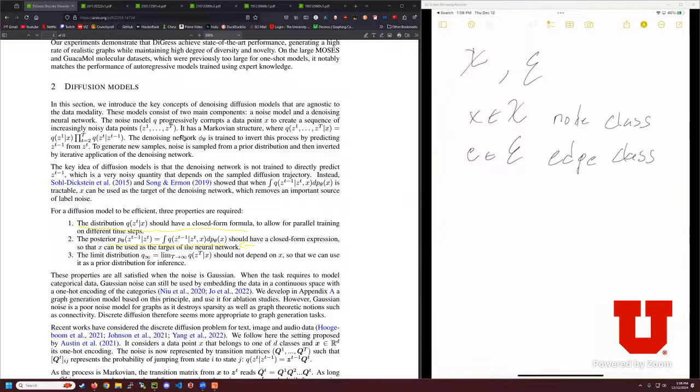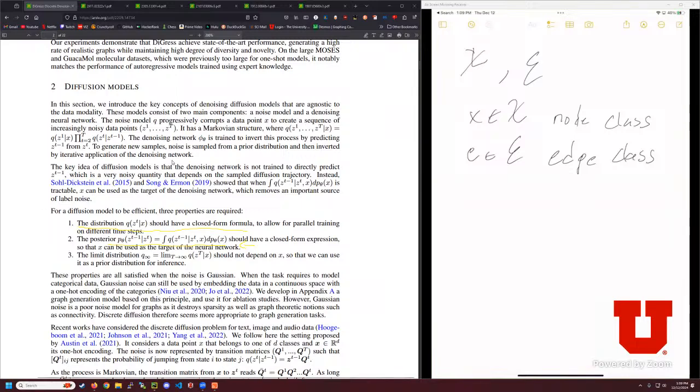Both of these are discrete distributions that they're sampling from. So basically they're going to generate nodes and edges, different types of nodes and edges.